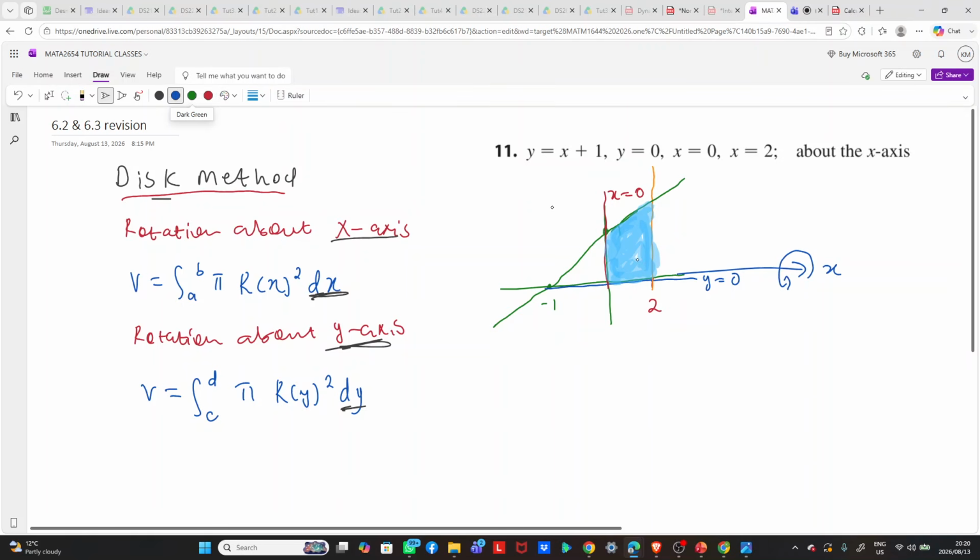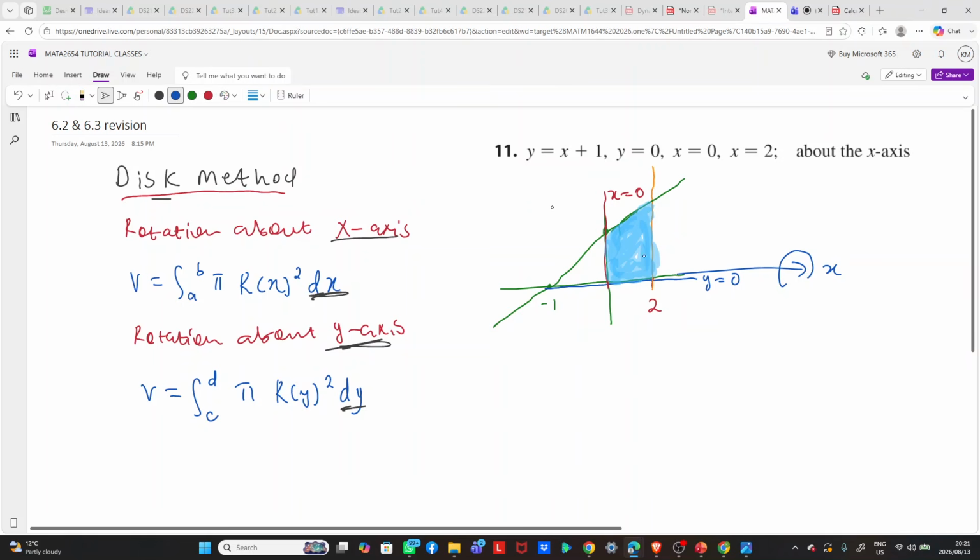Observe that what will happen here is that this region will not leave any space. There is no gap in between. If you had maybe something like this, a region that goes like this, for this one there will be a gap there. This is the gap that I'm talking about. However, between the axis of rotation and the bounded region here, the axis of rotation is the x-axis, and this region, there is no gap.